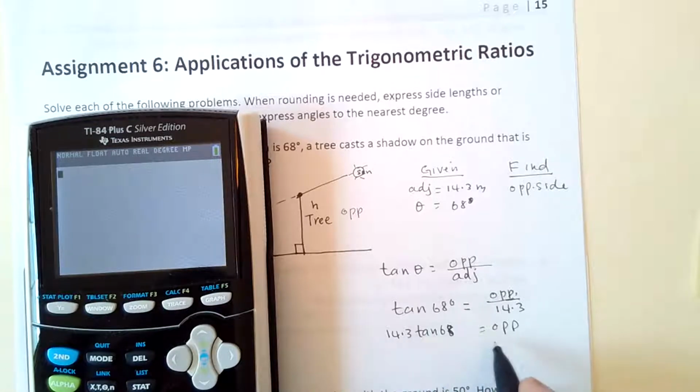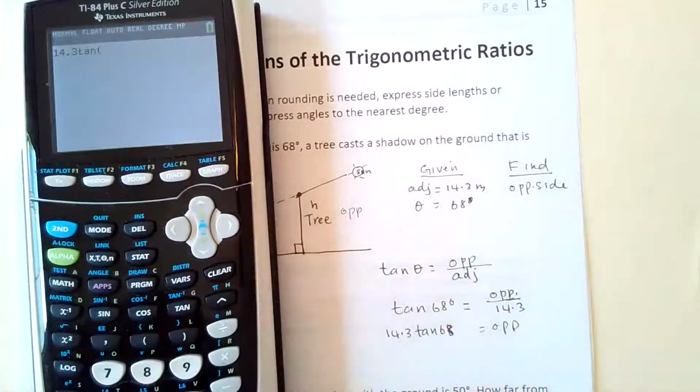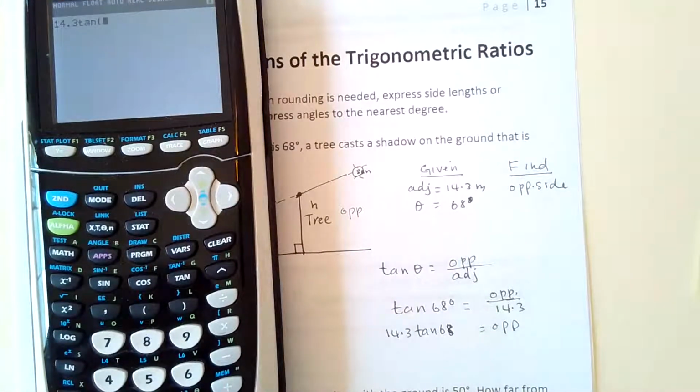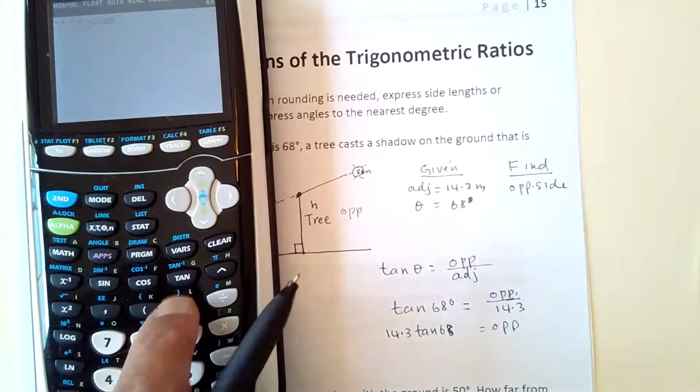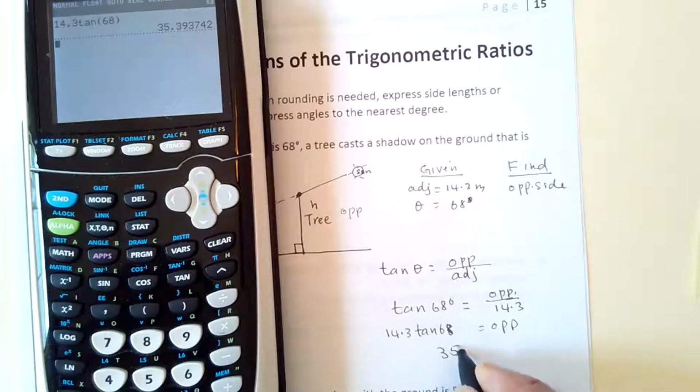So we have 14.3 tan 68. And that gives me a measurement of 35.39 meters. So the height of the tree is 35.39 meters.